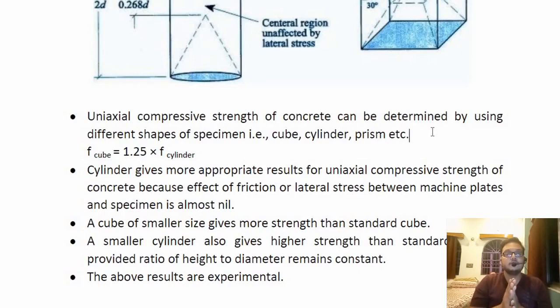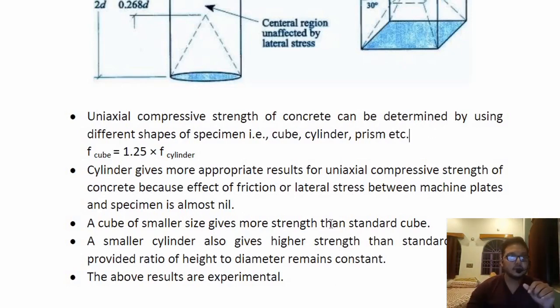So using this cube, cylinder or prism, we try to determine the uniaxial compressive strength of the concrete. There are various other shapes, but these are the three primarily used ones.